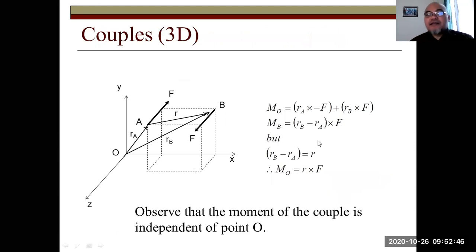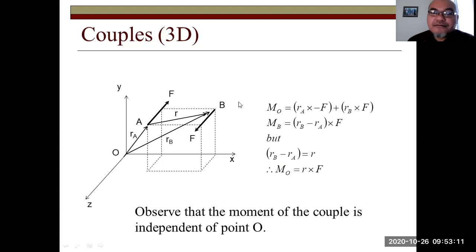Now this is in 3 dimensions. This is more complex. The same as in 2 dimensions, a couple is when they have parallel lines of action, the magnitudes of the two forces are the same, and the directions are opposite to each other.